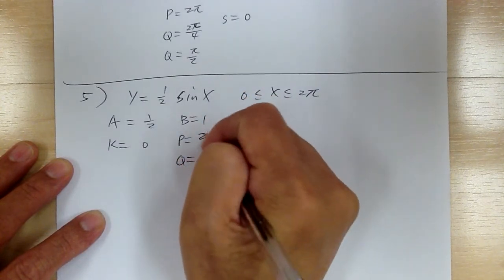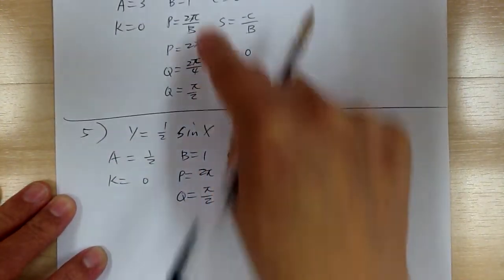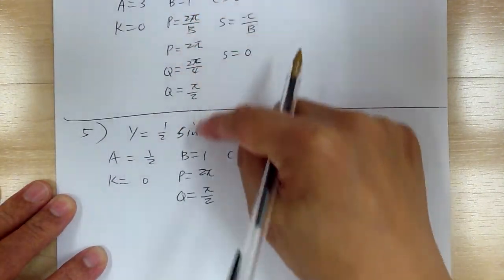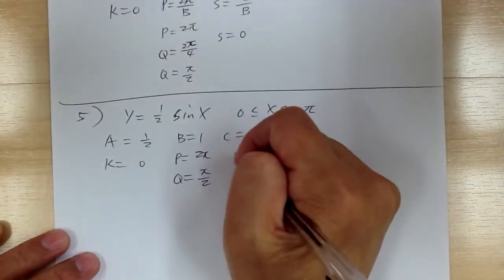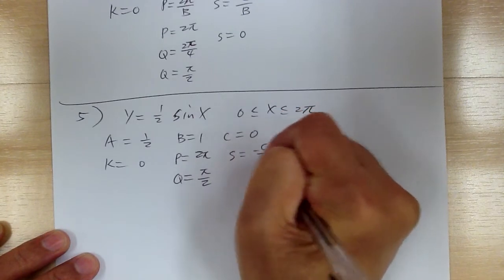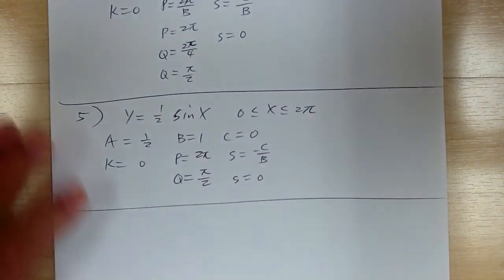Quarter wave is equal to 2 pi over 4, so it would be pi over 2. Now, since we did so many of these, we can use that information from before and save you some time, right? Because these are the same, so you can just get from that. And the shift is negative c over b, so shift equal to 0. Okay, so let's go and do the graphing.